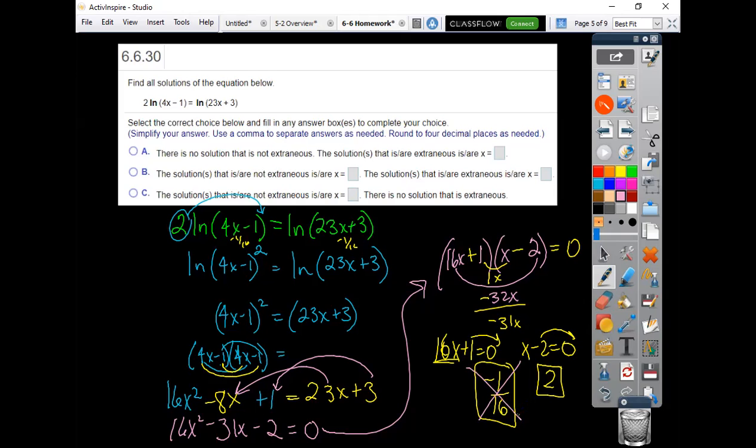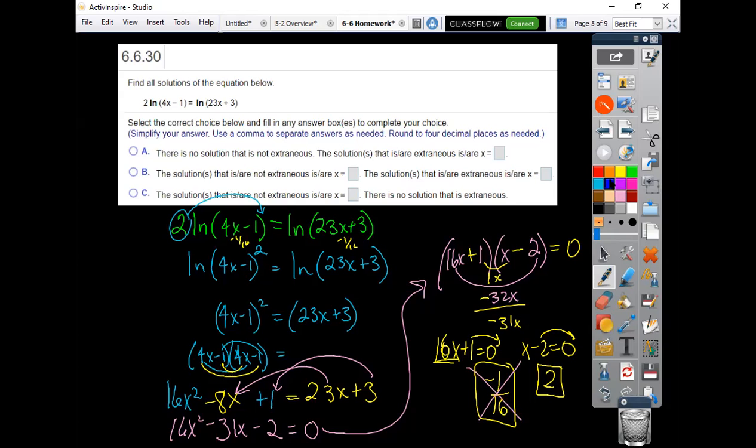So it says there is no solution that is not extraneous. So that would be like, so the solution that is or are extraneous. So there, the 2, I believe, should work.